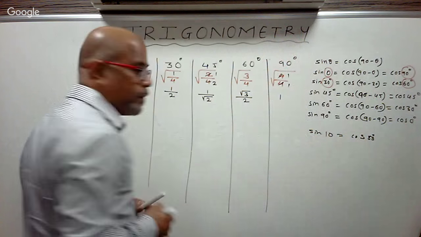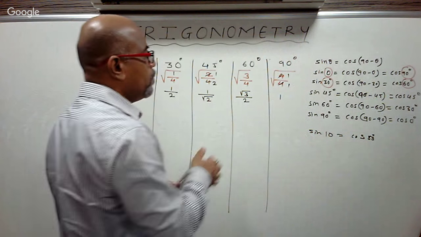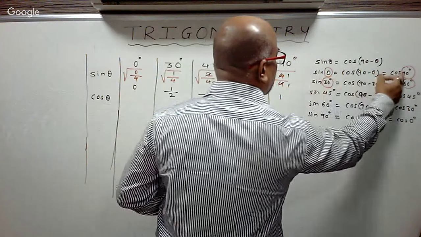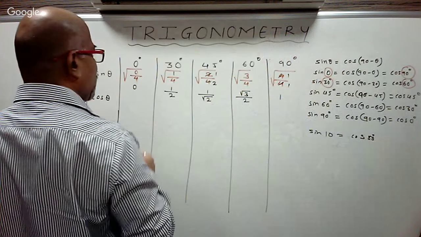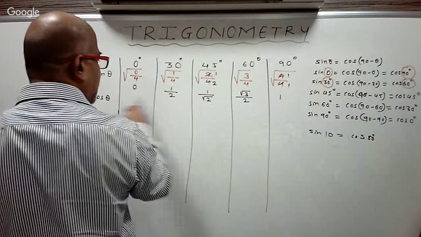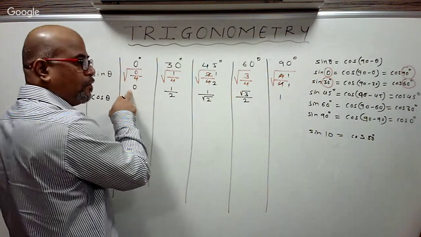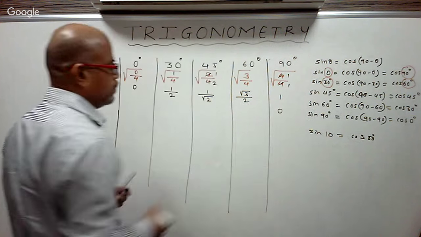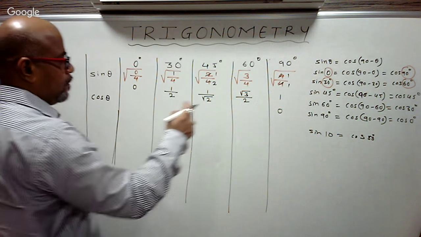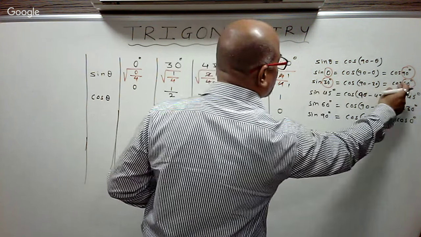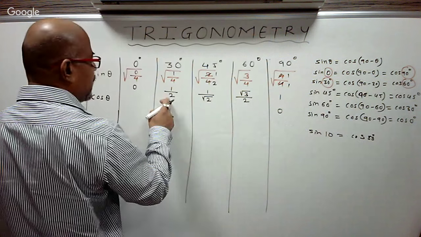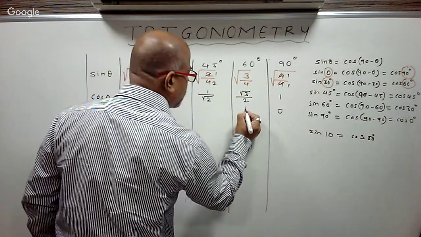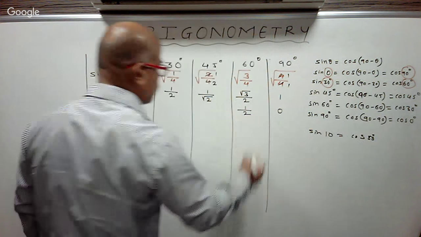Now we come back to this table. We have sin 0 equals cos 90. That means the values of cos 90 and sin 0 remain the same. Therefore here the value is 0. Then sin 30 equals cos 60. Sin 30 value is 1 by 2, so I write here for cos 60, that is 1 by 2.